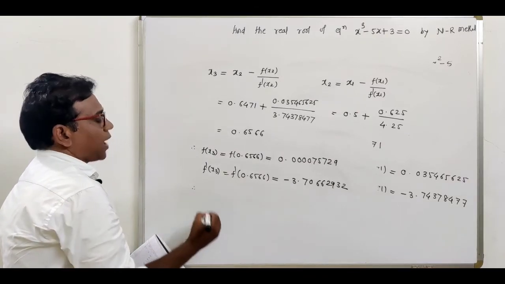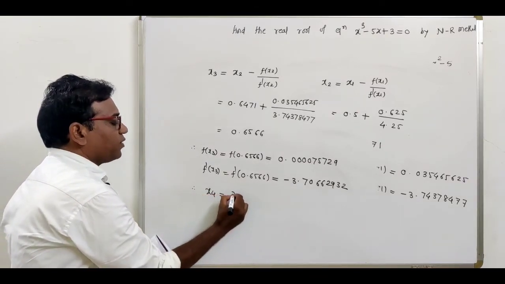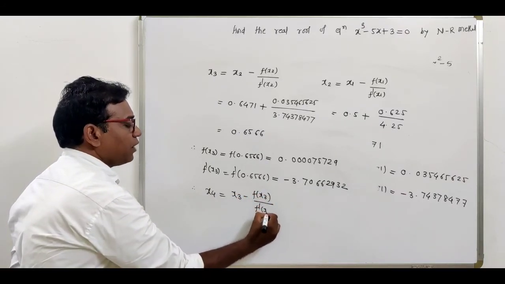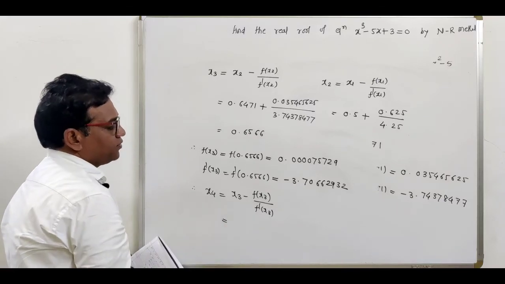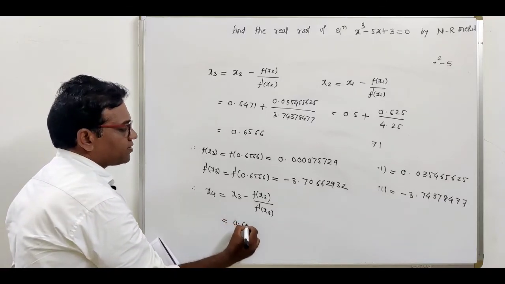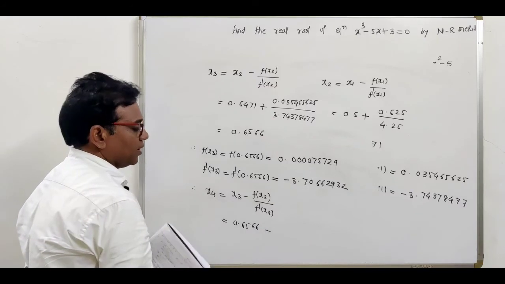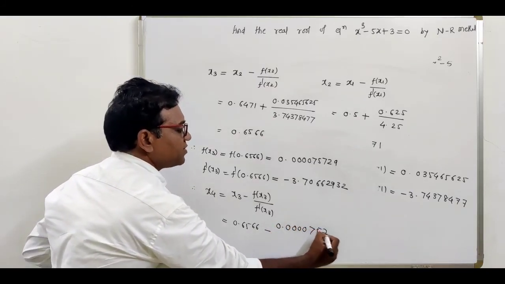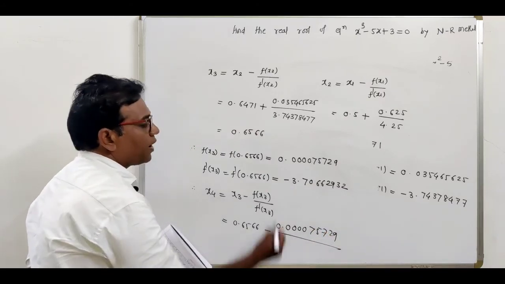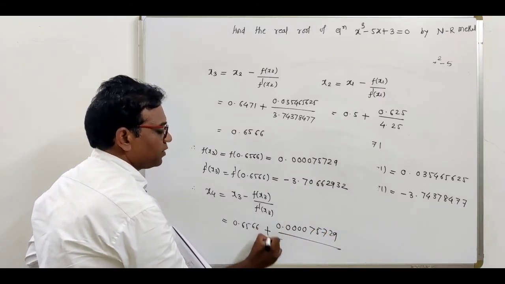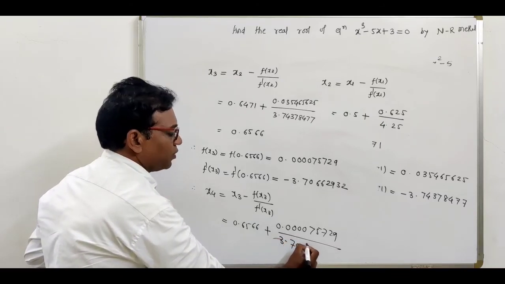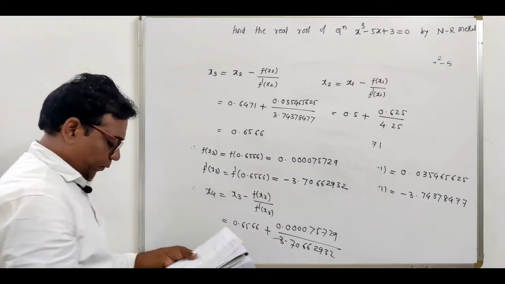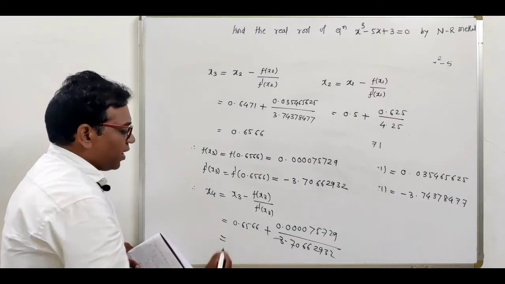So calculate the next approximate root, which is x4 equal to x3 minus f of x3 divided by f dash x3. Just put the values: x3 means 0.6566 minus f of x3, 0.000075729, divided by f dash x3, minus becomes plus 3.70662932. So the value of x4 is the same value, 0.6566.